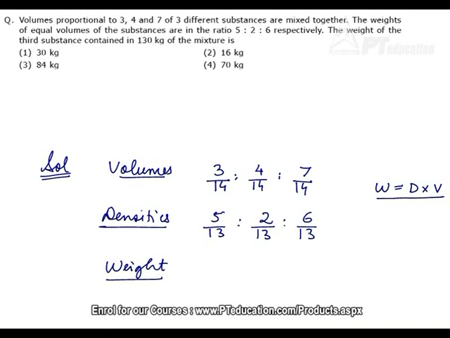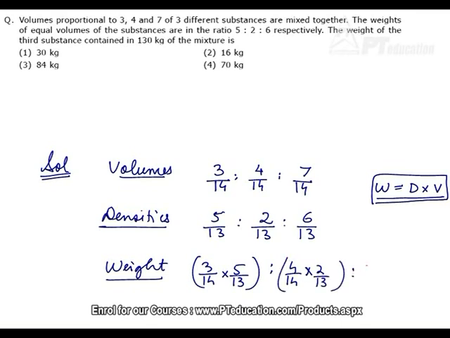And now we are asked to find weight. But we know the formula for weight is density into volume, because from the basic physics, so just multiply it together. The ratio of these three weights will be 3 by 14 into 5 by 13 is to 4 by 14 into 2 by 13 is to 7 by 14 into 6 by 13.